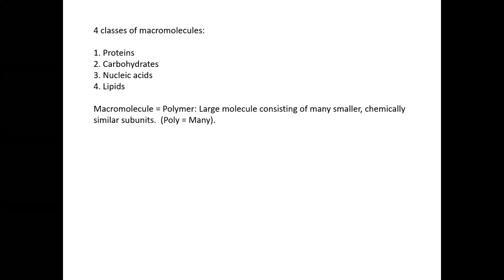Anyways, so a polymer is a large molecule consisting of many smaller, chemically similar subunits. A lot of these subunits that make a carbohydrate or a protein or even a triglyceride are going to be very similar things that are brought together.